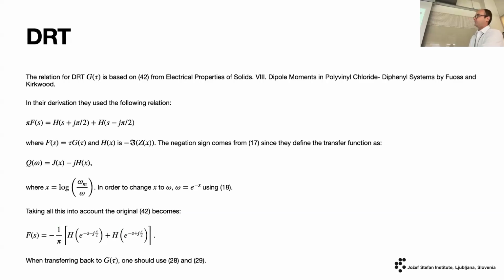DRT, or distribution of relaxation time, is one of the approaches where you can analyze an impedance curve and somehow determine how many time constants are in there. It was first published in this paper.